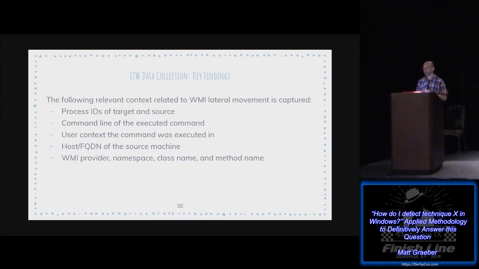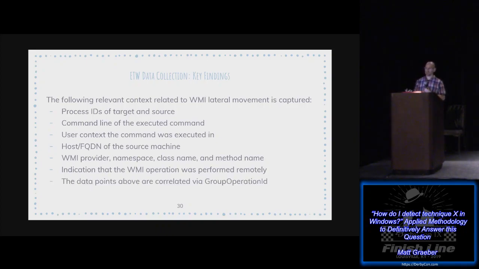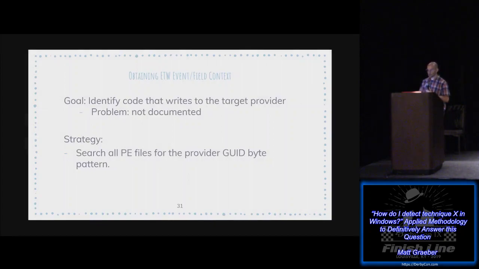We get the host and fully qualified domain name of the client machine, the attacker machine. We get the WMI provider, namespace, class name, and method name. So validation that Win32-based lateral movement was performed. We get an indication that the WMI operation was performed remotely via the isRemote field. So super valuable stuff right here, which unfortunately is not consumed by the event log. But there are ways that we can tap into it.